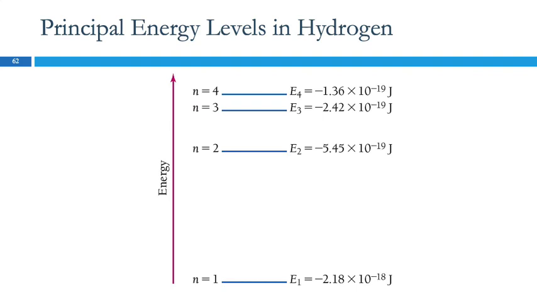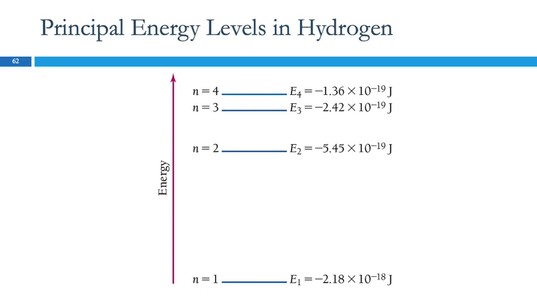I'm sorry, I'm having a brain fart. Yeah, okay, it's because of the negative sign. So this is negative, and as we're getting up, we're getting less and less negative. We're getting closer to 0, which is getting bigger, right? So as n is bigger, the energy of the electron is higher.